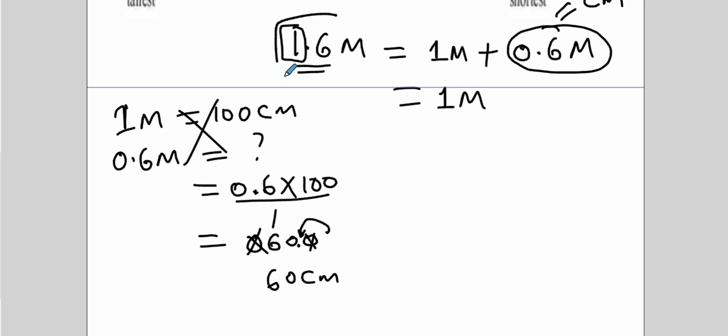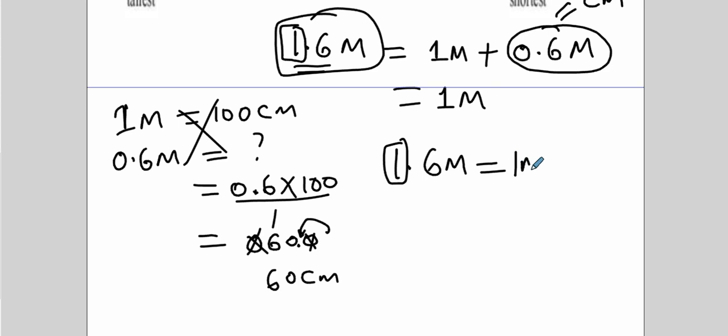So that means 1.6 meter is the same as 1 meter 60 centimeters. Can you see that?